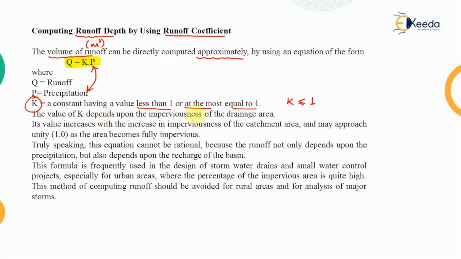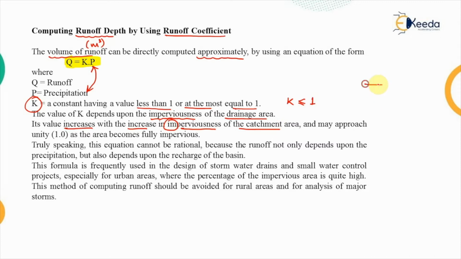Now this K value depends upon the imperviousness of the drainage area. If the perviousness is more, that means the water can percolate through the earth's surface, then a lesser volume will be available for the runoff. Therefore, the value of K increases with increase in imperviousness of the catchment area.